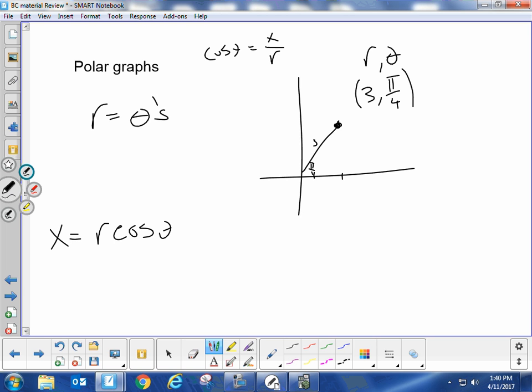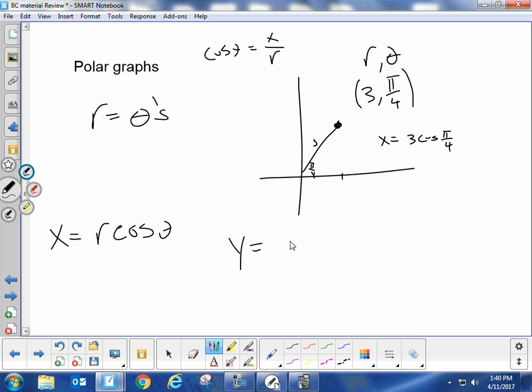Adjacent we would say is our x coordinate. The hypotenuse is our r coordinate. So multiplying by r, you get x is equal to r cosine theta. So this x coordinate would be 3 cosine pi over 4. Cosine pi over 4 is root 2 over 2, so this would be 3 root 2 over 2 for an x coordinate.